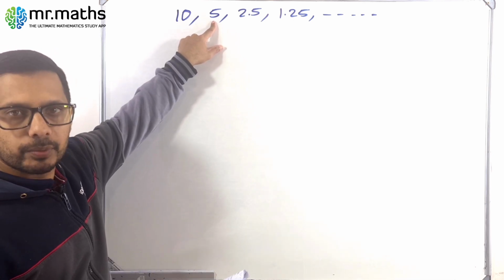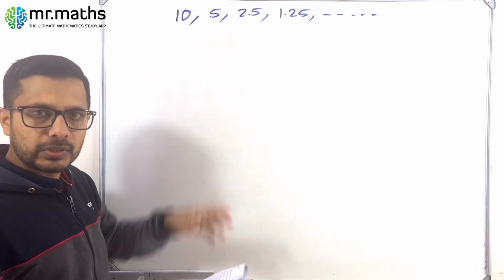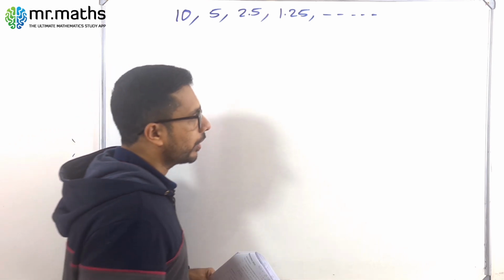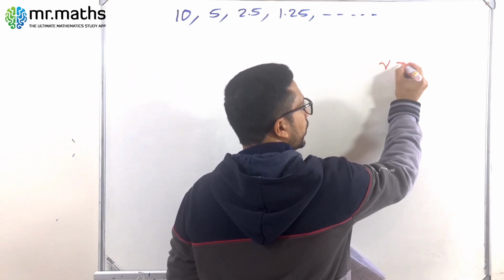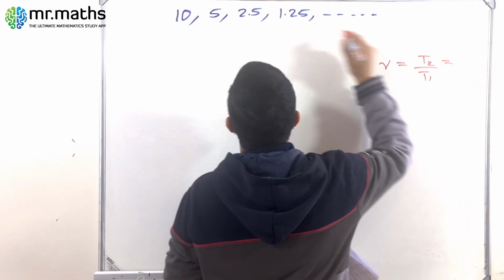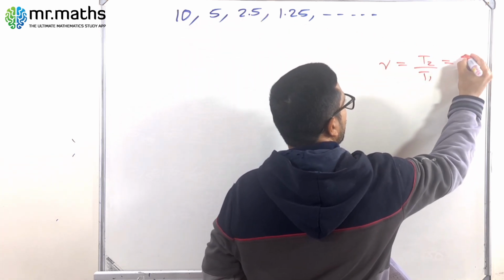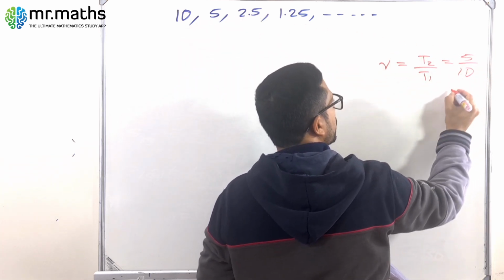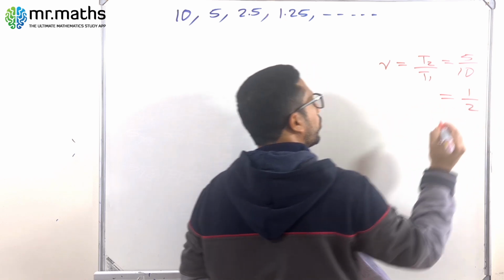This is the second term divided by first term. Is it not like that? You can find the common ratio. Common ratio is T2 divided by T1. So what is T2? 5 divided by 10. So 5 by 10 is 1 over 2.